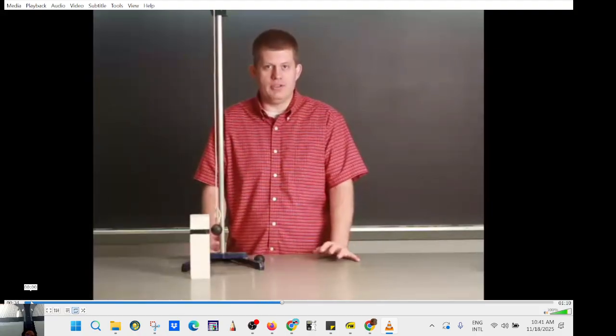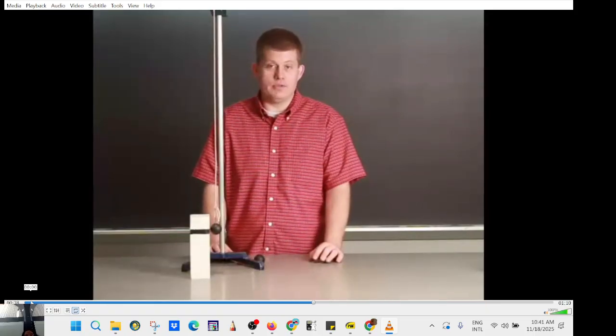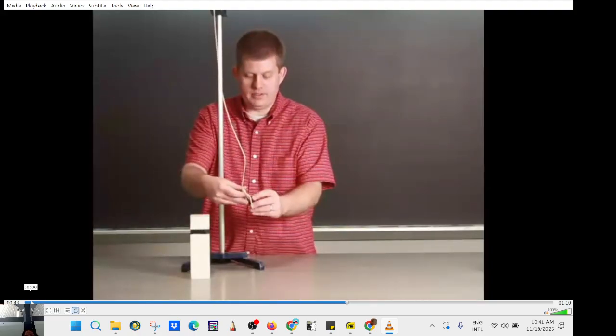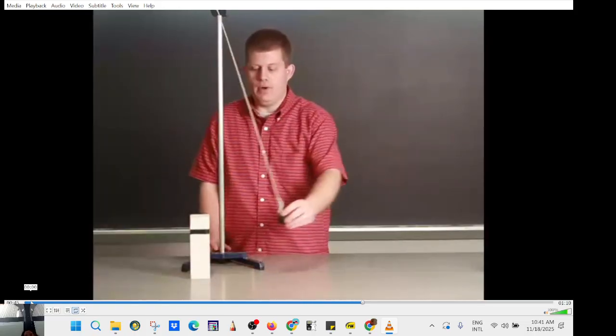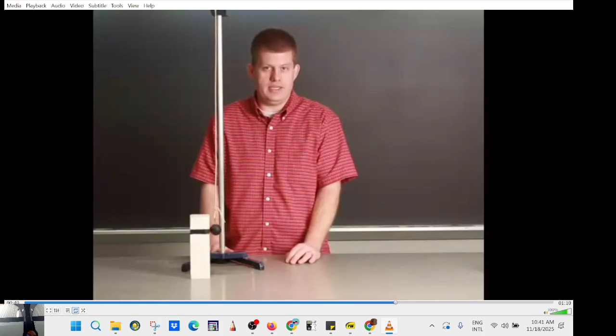Now let's repeat the experiment with the happy ball. What will happen to the block? What do you think if it bounces off?